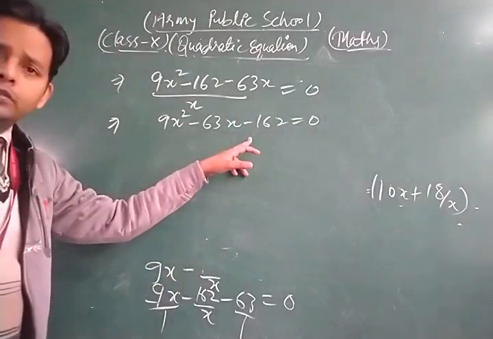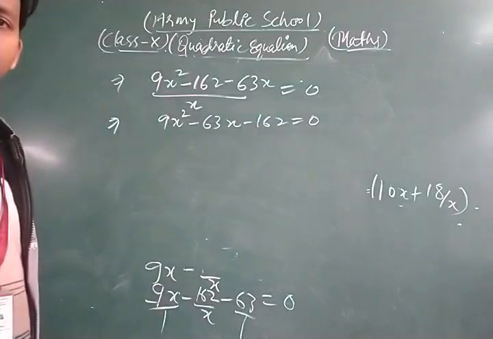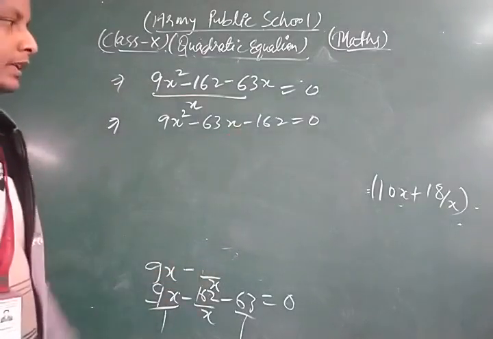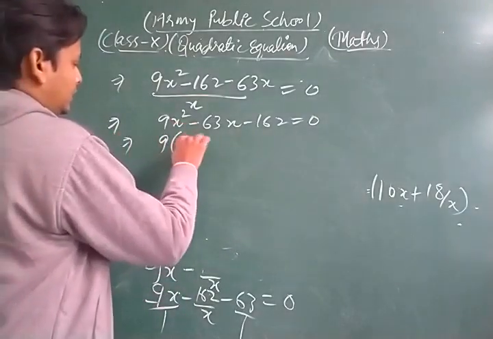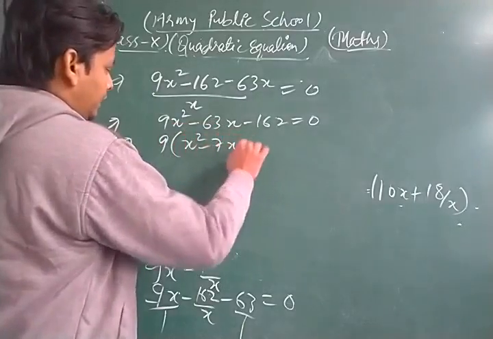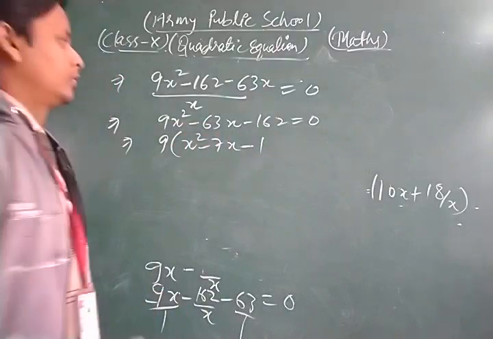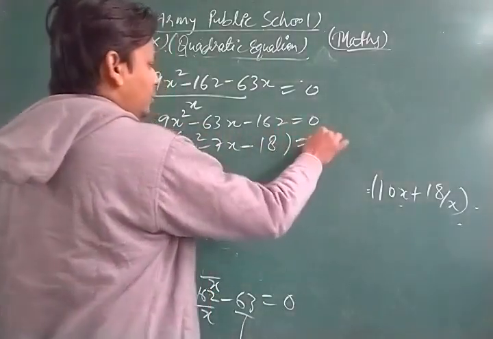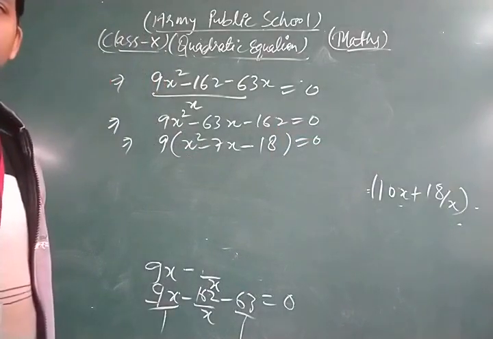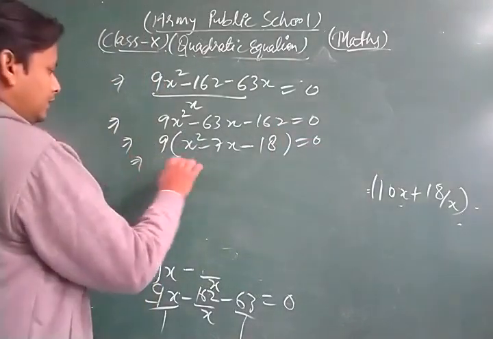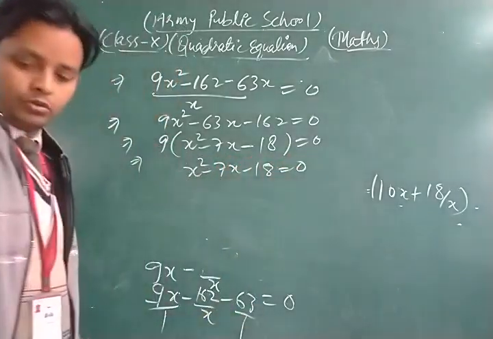Now we take 9 as common, so this is x square minus 7x minus 18 is equal to 0.